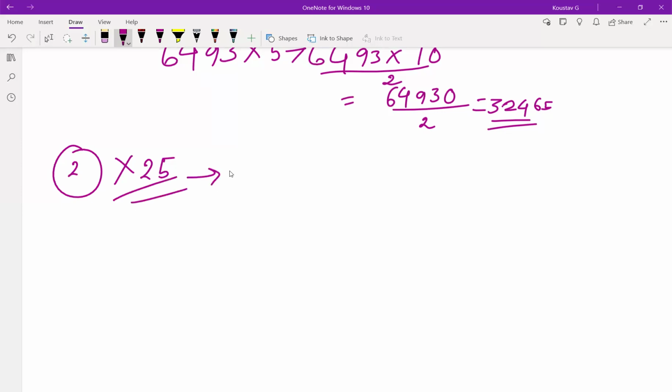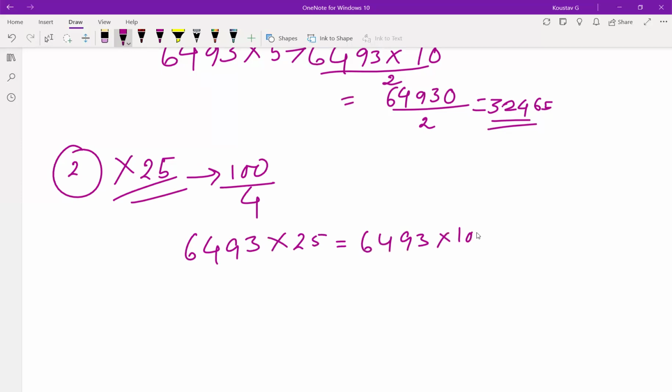This is nothing but 100 divided by 4. So suppose 6493 multiplied by 25: it will be 6493 multiplied by 100 and divided by 4. So it will be 64930 and divided by 4.